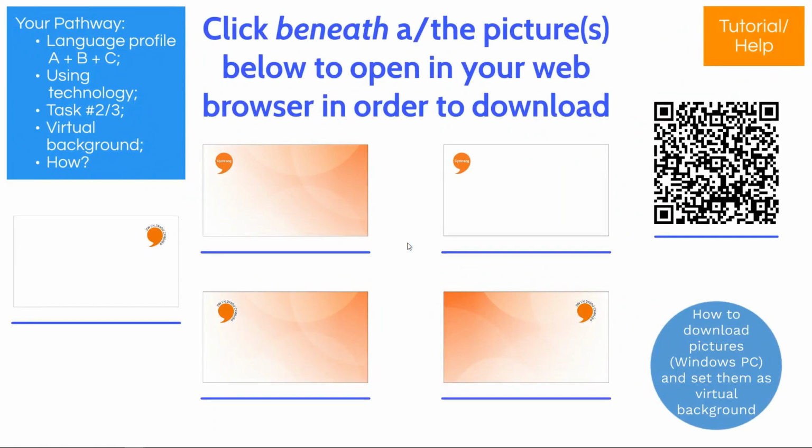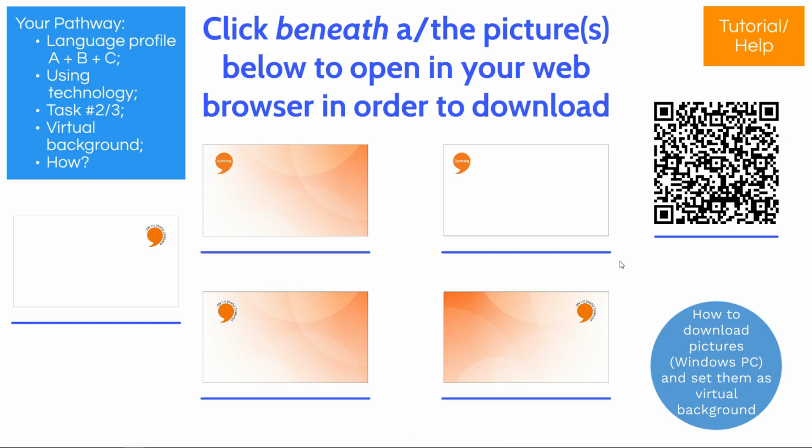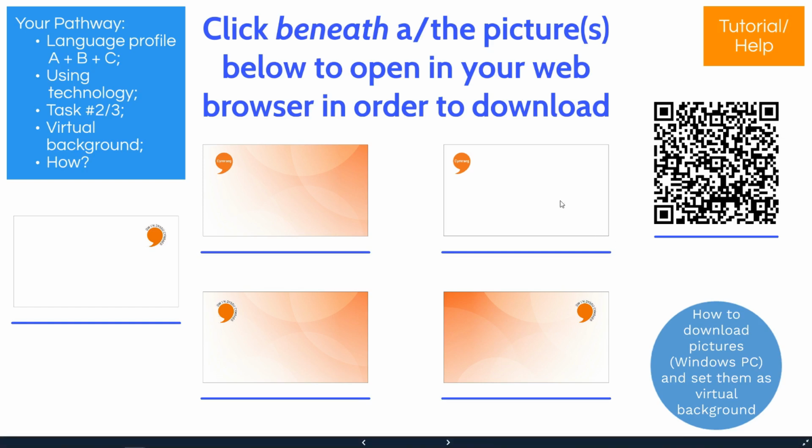Now the different options available that we suggest you download and set as your virtual background are on the screen. Of course, you can use a different background. Perhaps your employer, for example, has created virtual backgrounds for the organisation. The ones within the toolkit are only suggestions.